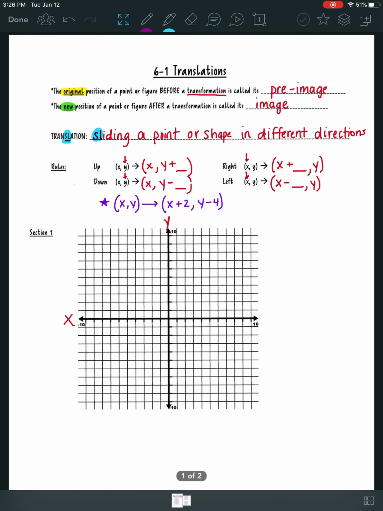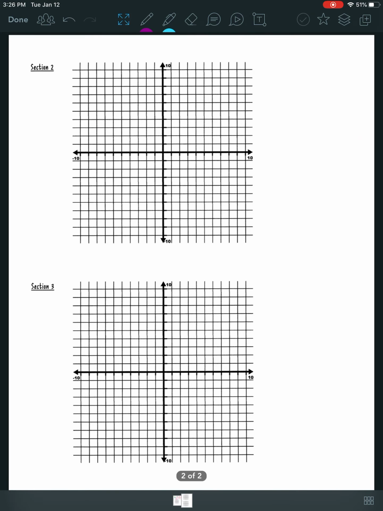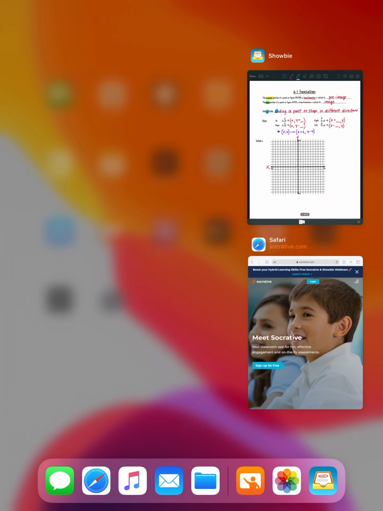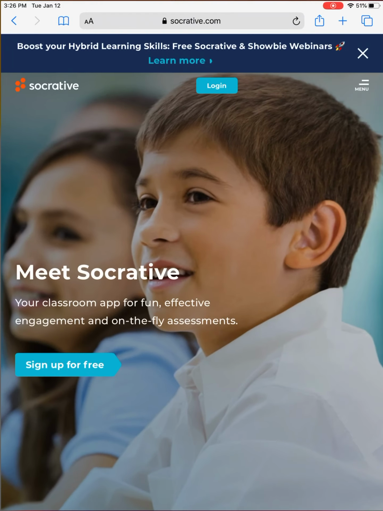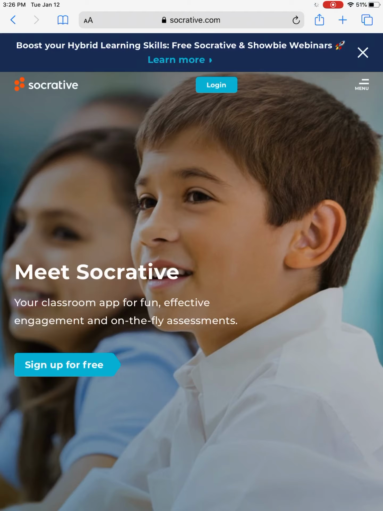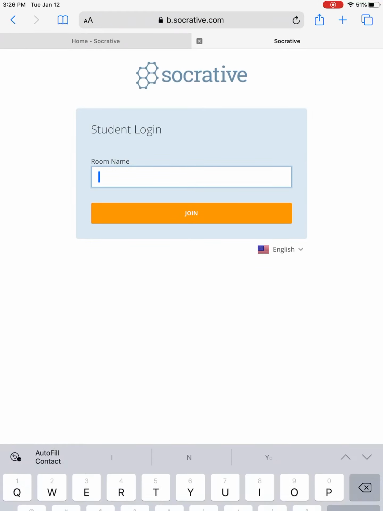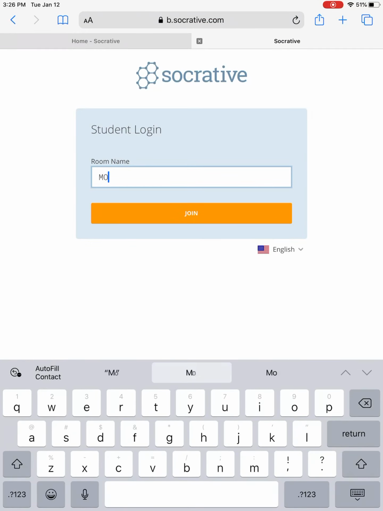Okay? Now, what I want you to do, this activity, so we have section 1, section 2, section 3, but there's nothing else there. So I want you to go to Safari and type in Socrative.com. You're going to hit login, and you're going to do student login.